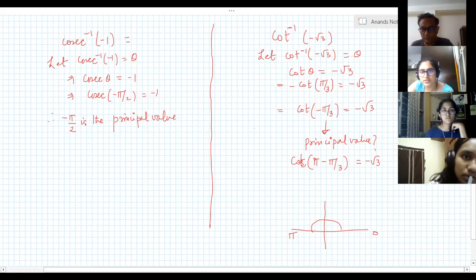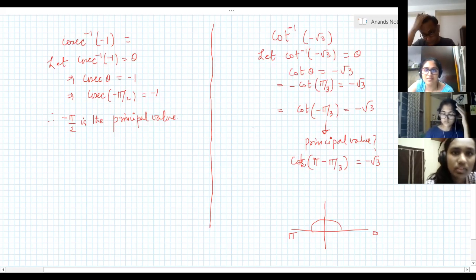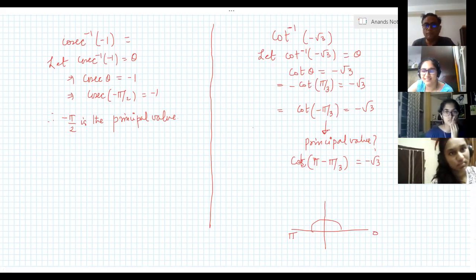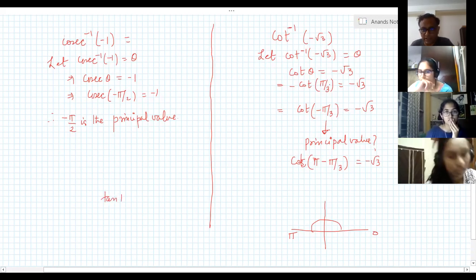So, shouldn't cot of cot inverse of, okay, it shouldn't be minus. Sorry, pi by 6 and not pi by 3. What is tan 30? 1 by root 3. It's a pi by 6 child, correct. Sorry, tan 30 is 1 by root 3.